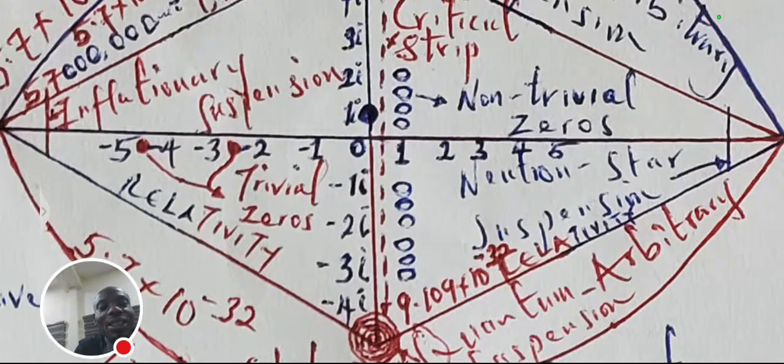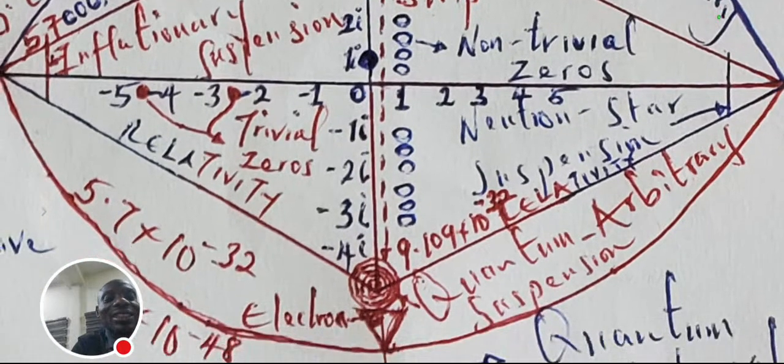So there will be arbitrary convergence relative to the real entity. In this case, the real entity is the electron.